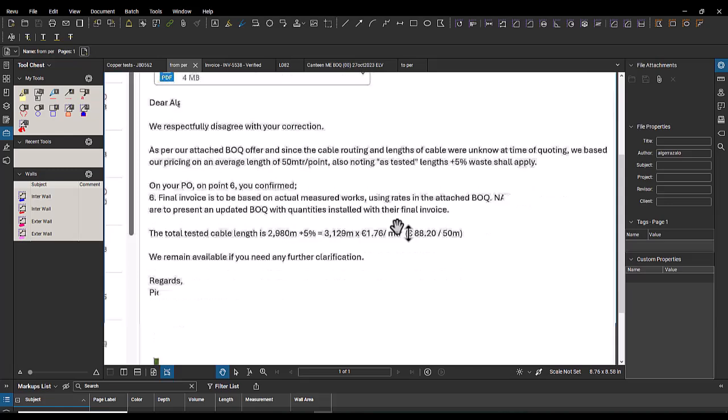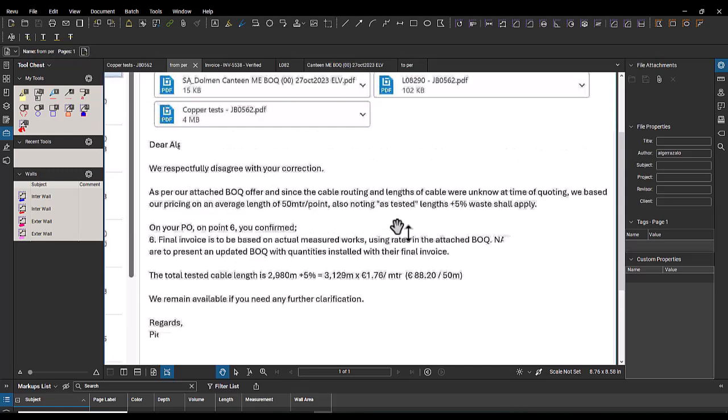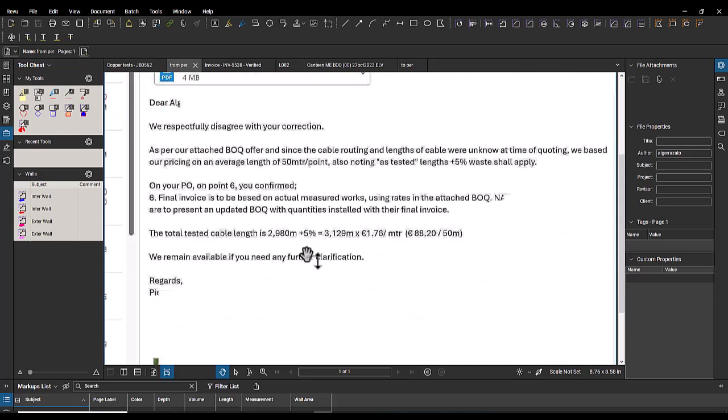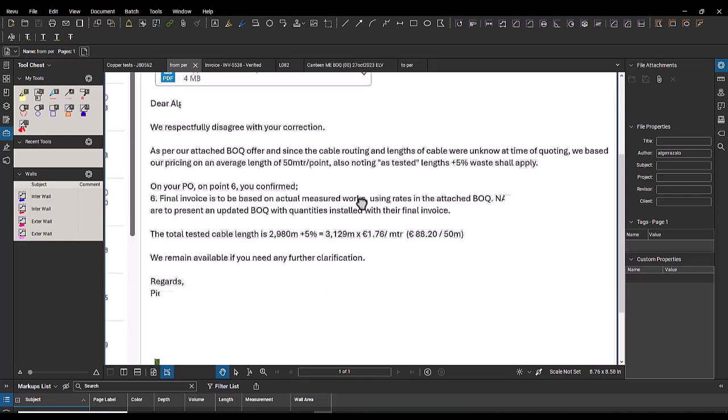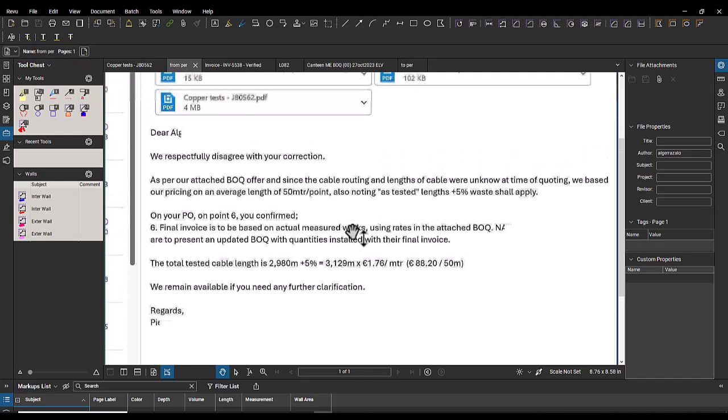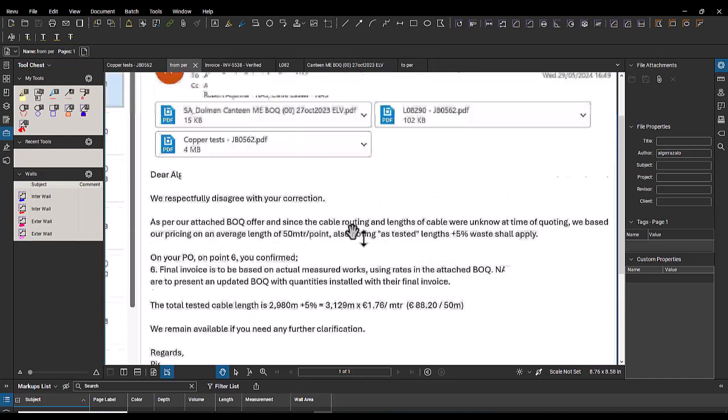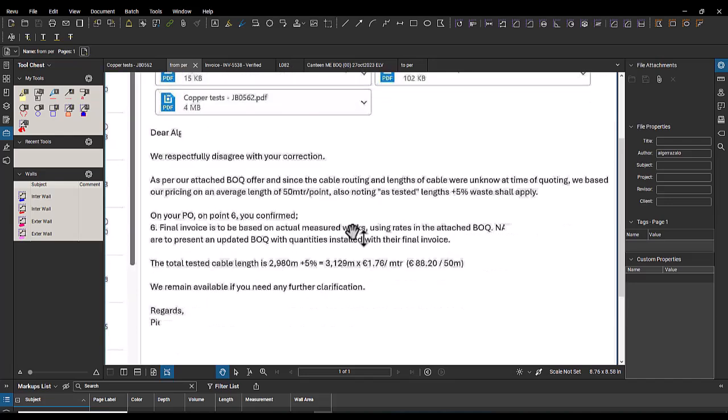So my conclusion is, he has to submit a variation, and we have to evaluate if we agree or not. But he should do that before we do, or during the stage, so we have time to verify the new quotation and the new item rate.